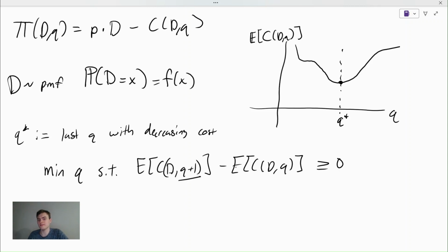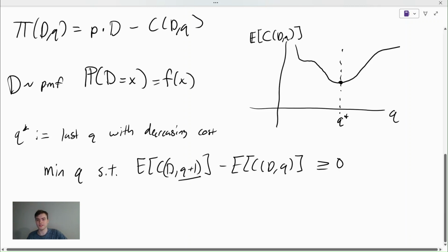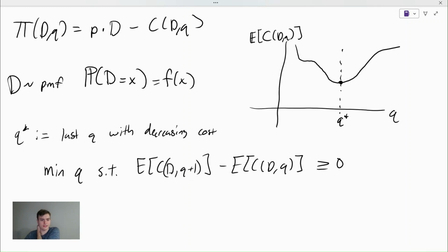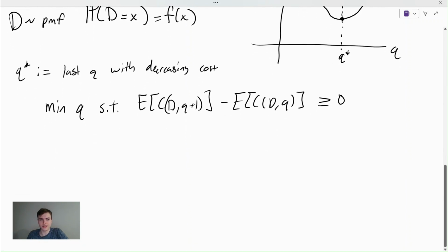If we look at the cost of Q plus 1, it's greater than the cost of Q. And so that's how we're going to define our Q star.